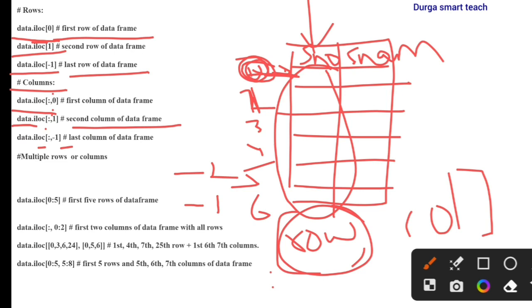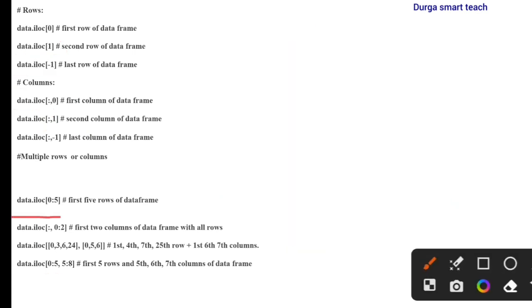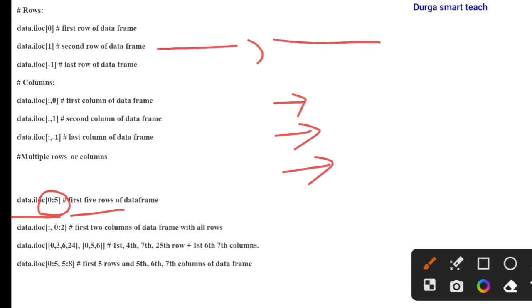If you want to select multiple rows or multiple columns, the first one is data.iloc[0:5], the first 5 rows of the data frame. I already said the first section represents the row section. If you use a comma, then this is the row section and this is the column section.